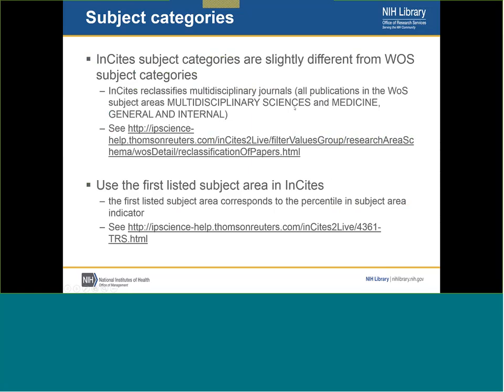Multidisciplinary sciences and medicine, general and internal, these two categories in Web of Science are being reclassified in Insights. And then they only use the first listed subject category in Insights to represent the percentile ranks. So these are the things that I would like to highlight here.